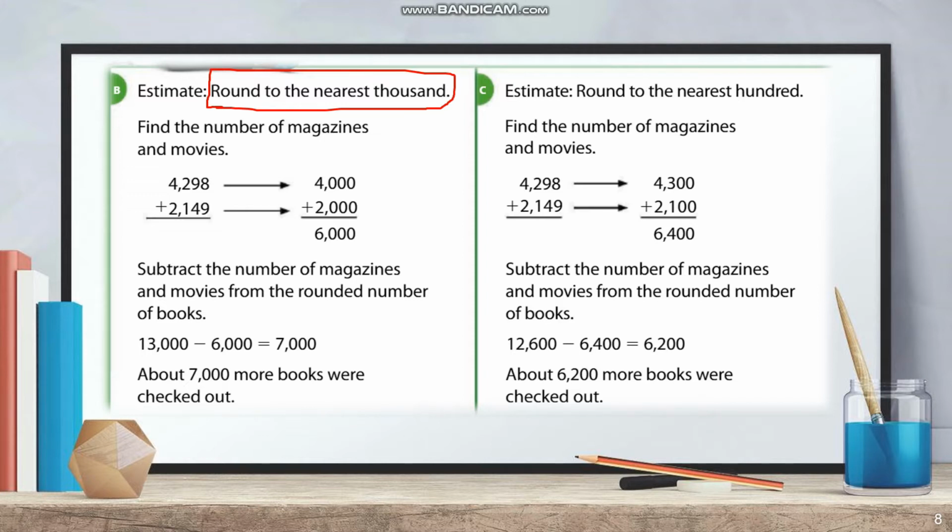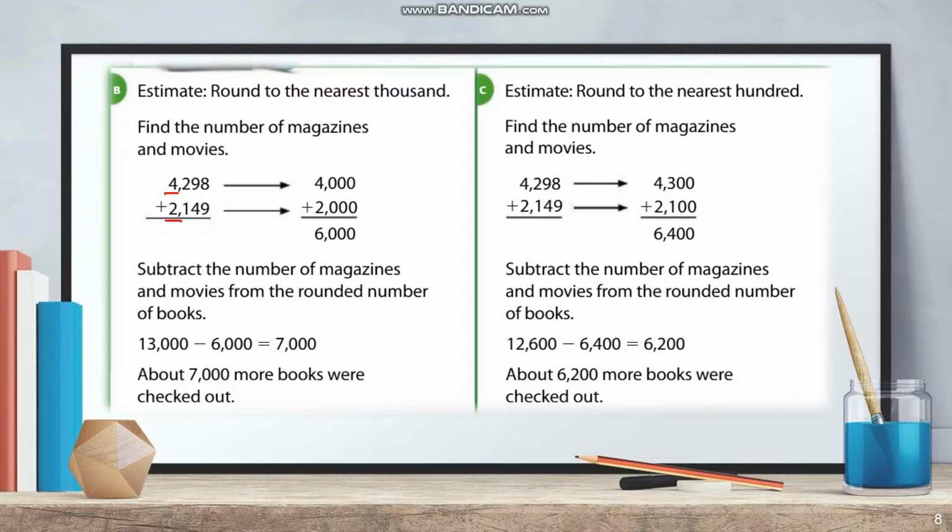As I told you, this is my decision to round to the nearest thousand. So if there is no instruction to estimate with a specific place value, you will be the one to decide. Maybe nearest thousand, or nearest hundred, or nearest tens. Okay? So let's find out. So 4,298, the nearest thousand is 4 and 2.